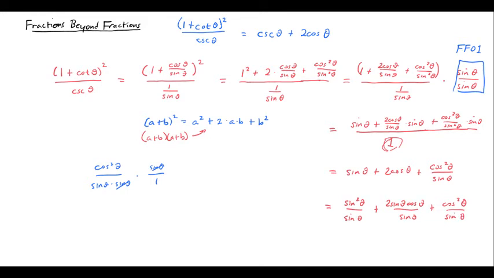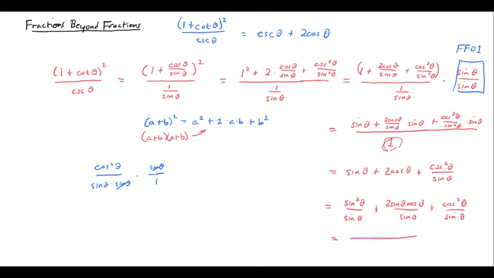The way I did that was I just realized I need a denominator of sine theta here, so I need to multiply both top and bottom by sine of theta. That's why I wound up with a sine squared theta there. And here, to get a denominator of sine theta, I need to multiply both top and bottom by sine of theta. All right, so anyway, what do I have now?